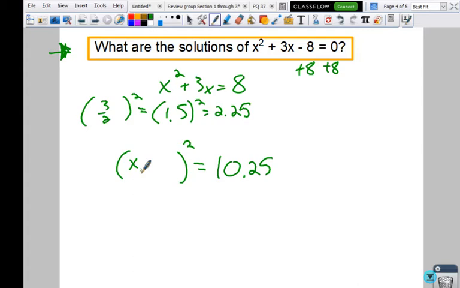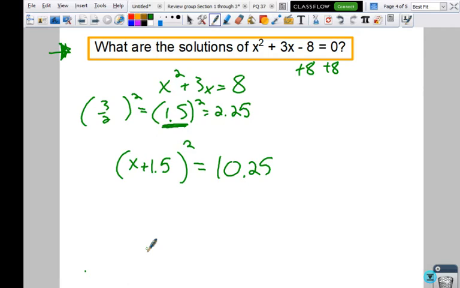What's going to go inside next to the x right here? It is this piece right here. So plus 1.5. Like that.